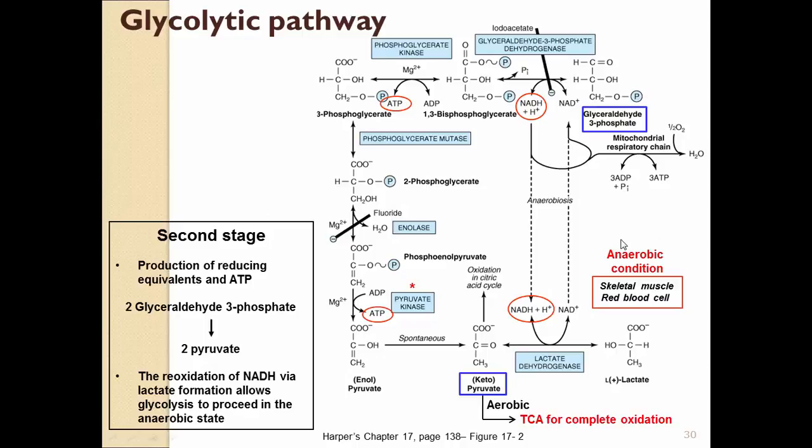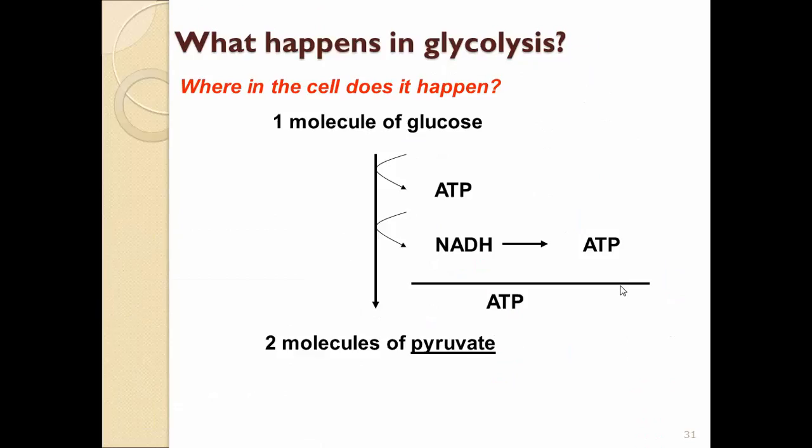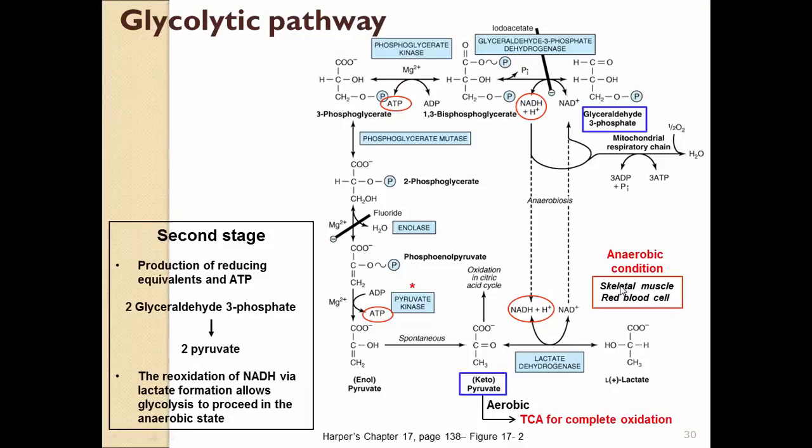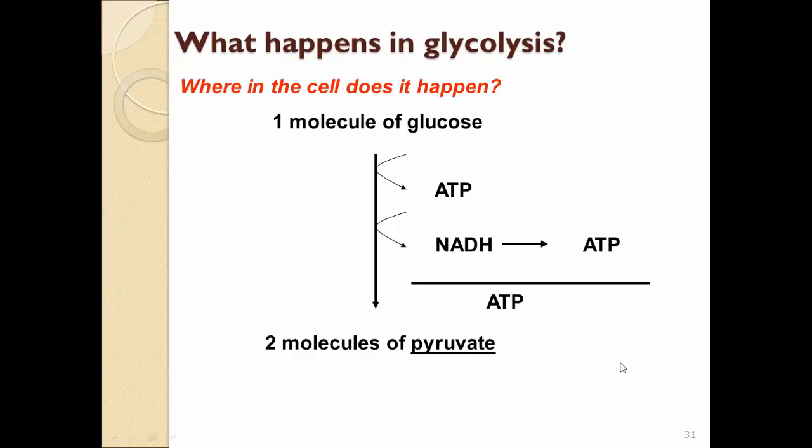But under anaerobic conditions, for example in red blood cells, because there are no mitochondria, pyruvate will not be able to be further oxidized. So what happens is that the pyruvate will be converted to lactate.